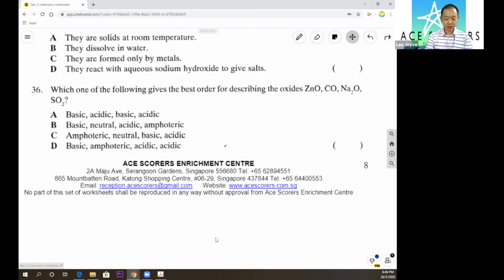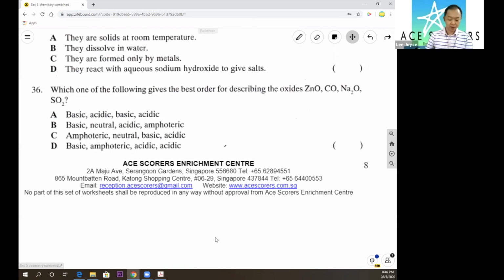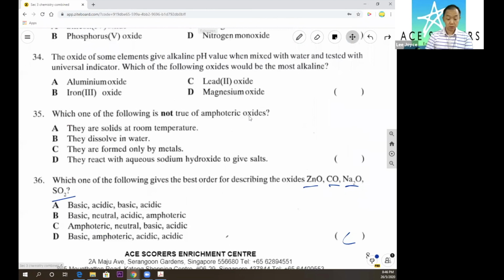Zinc oxide is not basic. C. Yeah, C is correct. Okay, so this one is amphoteric, neutral, basic, acidic. Okay, what else?